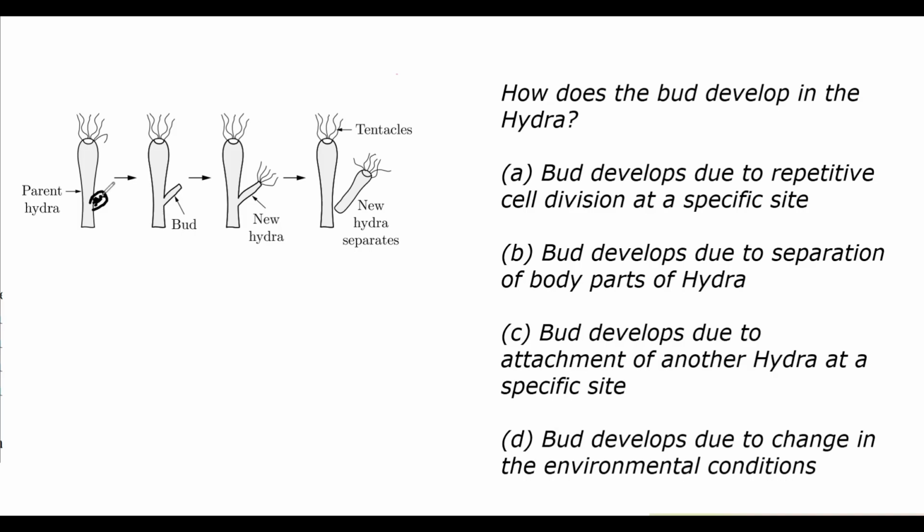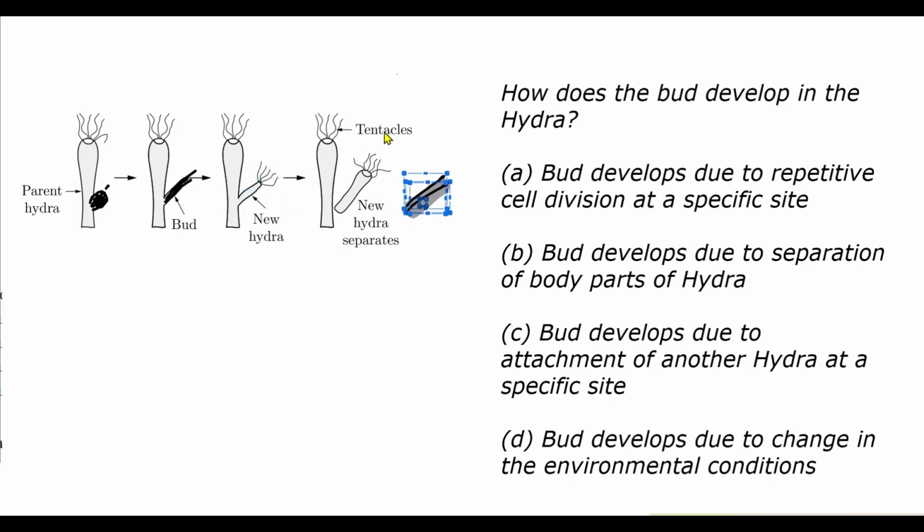Cell division takes place rapidly and gives rise to a structure called a bud, which grows and can remain attached to the parent or get detached. In many cases, it gets detached from the parent and grows as a new organism, a new individual.